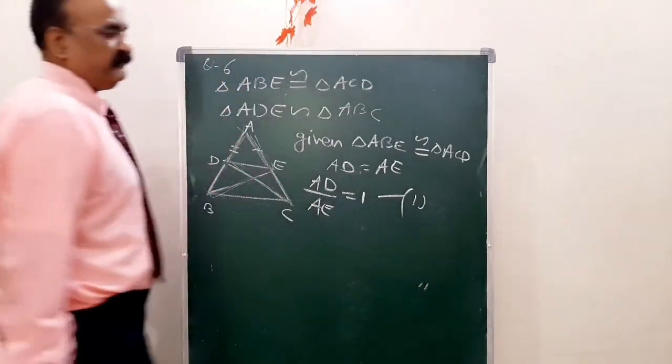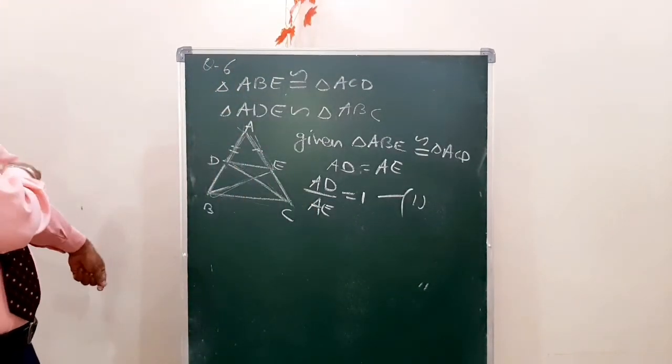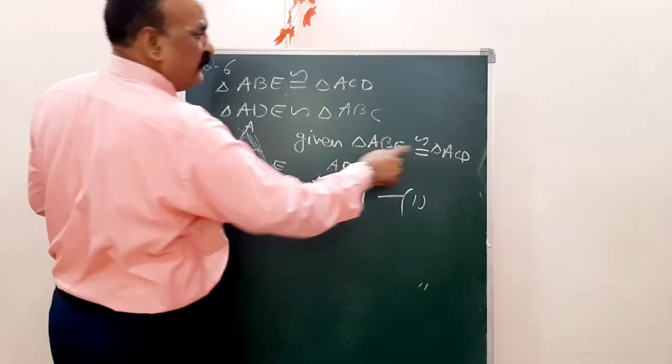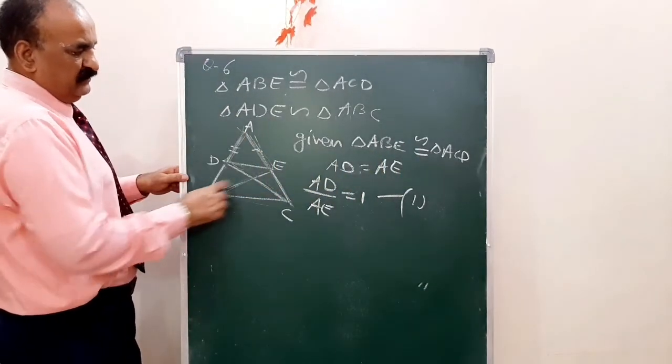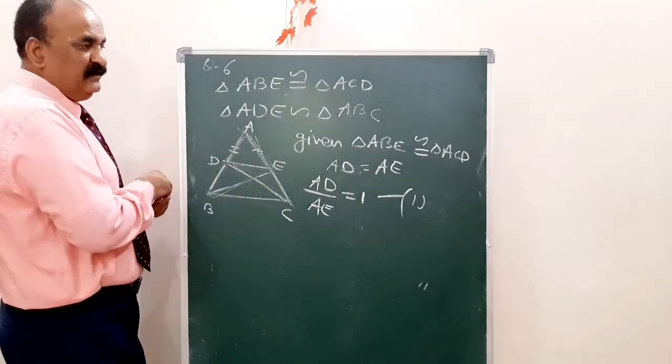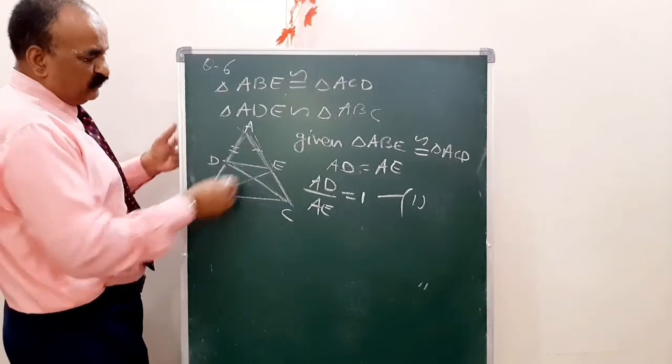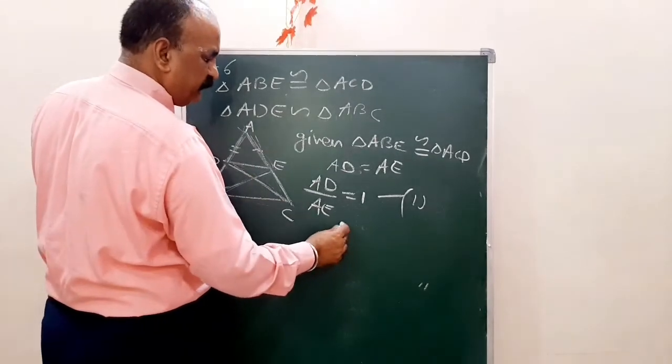This is the first one. Okay, now as you already know triangle ABE is congruent to triangle ACD, you can also write AB equal to AC.